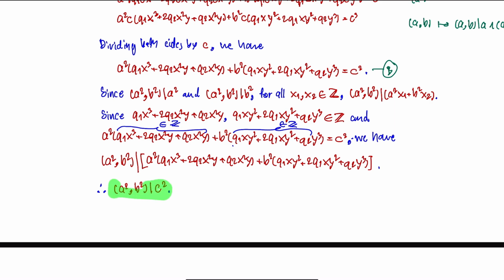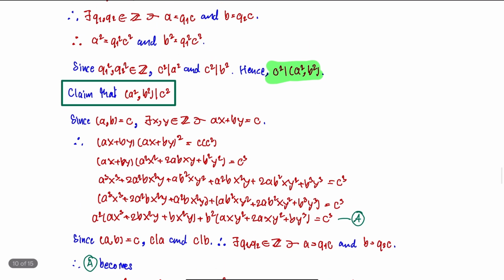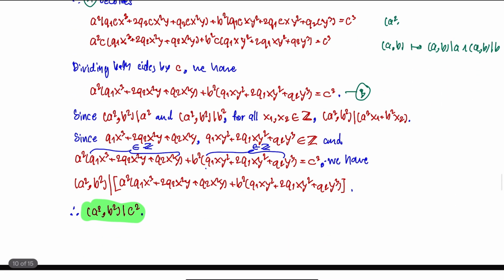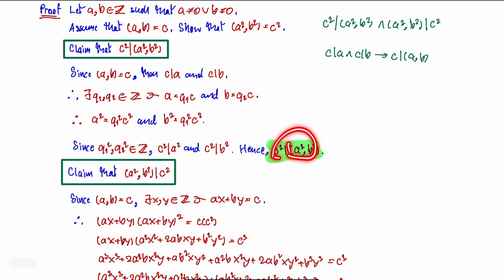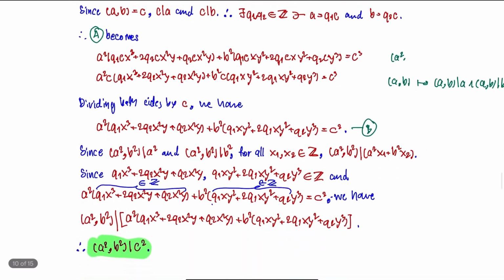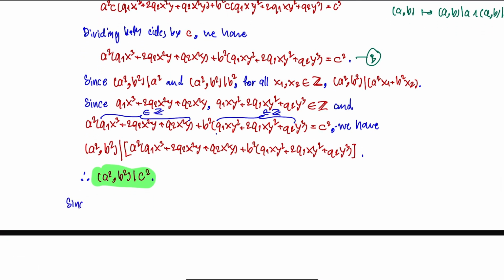Okay, great. Now we have that the greatest common divisor of a squared and b squared divides c squared, and c squared divides the greatest common divisor of a squared and b squared. Since they divide each other, the greatest common divisor of a squared and b squared equals c squared.